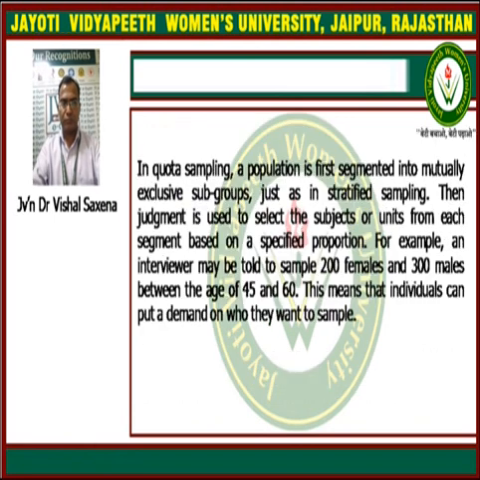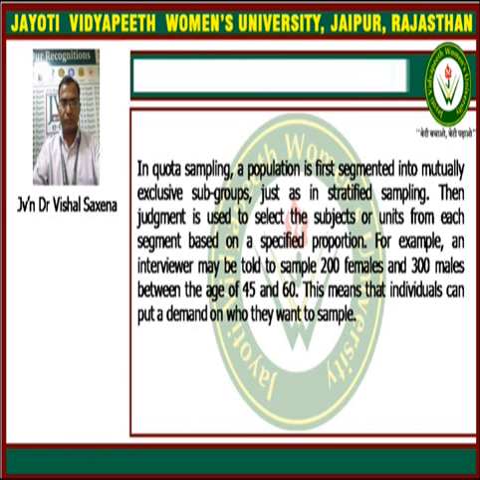In quota sampling, a population is first segmented into mutually exclusive subgroups, just as in stratified sampling, and then judgment is used to select subjects or units from each segment based on a specified proportion.